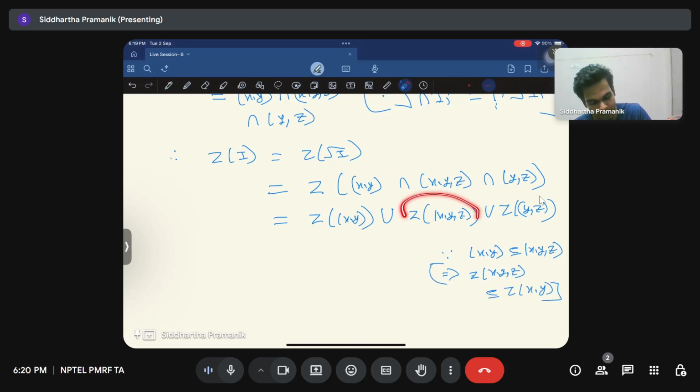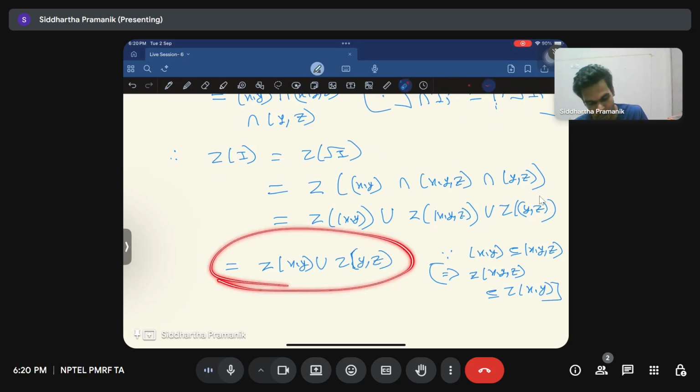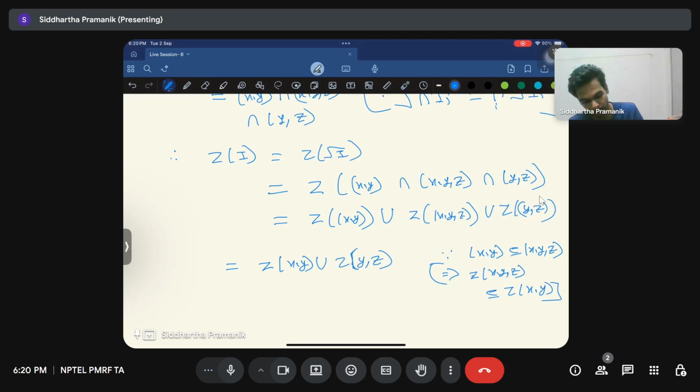So this term is already contained in this one, and it is also contained in this one. So we can remove the middle one. So we can write this as Z of (x, y) union Z of (y, z). Now these two cannot be removed. So this is the irreducible decomposition.